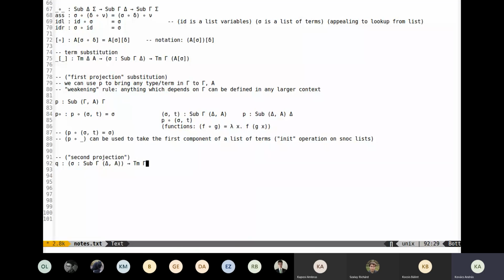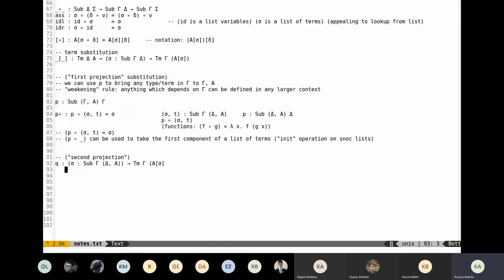So we can get a term in gamma, but now we cannot write A here. A would be wrong because A lives in delta, but here we want to get some type which lives in gamma. So what we can do is substitute A with sigma.